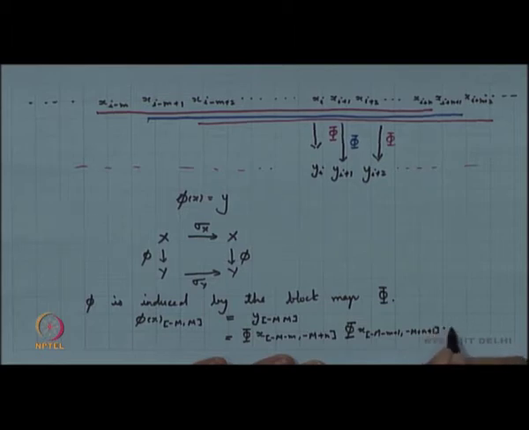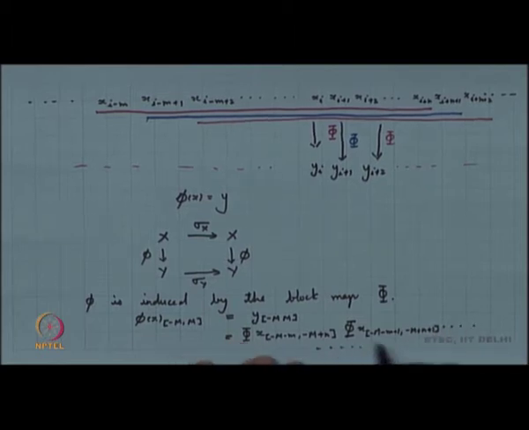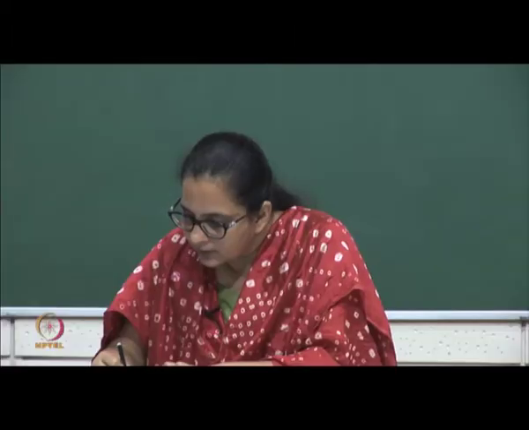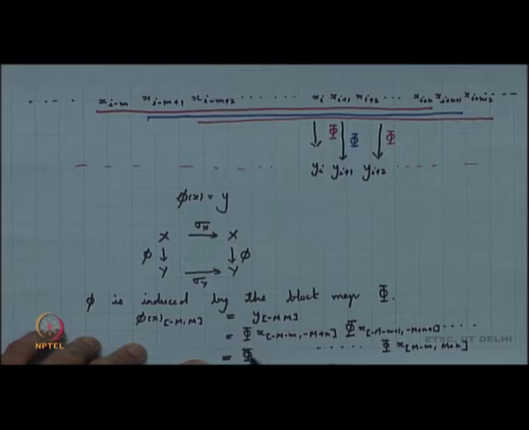We have this factor and this is like phi acting on the block from minus m to m plus n. And we can say that this is nothing but the block phi acting on x from minus m to m plus n.